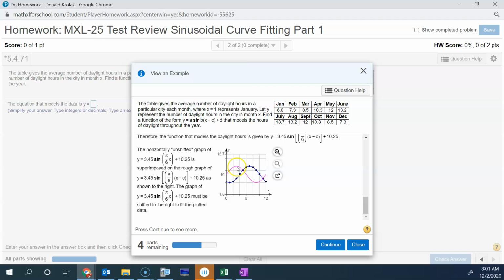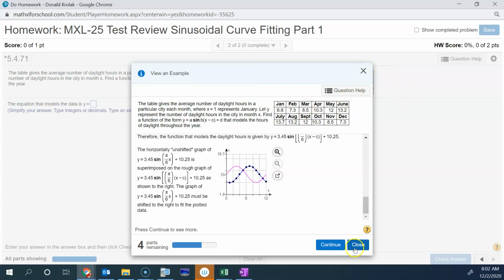Now what that means is we're saying that when we divided 12 by 4, we got 3 months. So our high should be at 3 months. But the high of the actual data isn't at 3 months. So we've got to take this graph and slide it over to the blue graph so that they match.